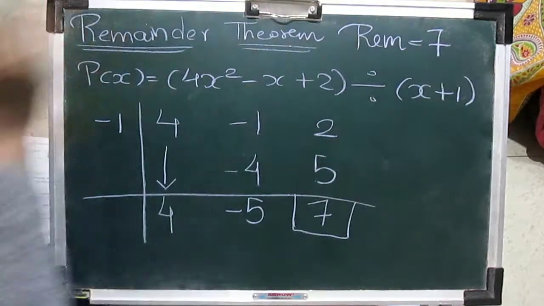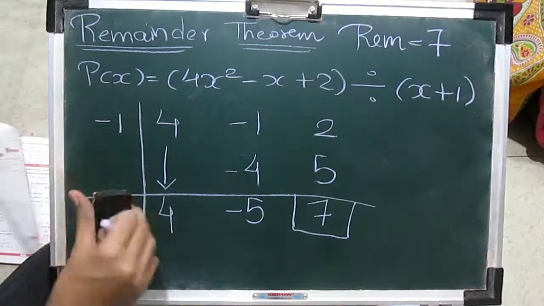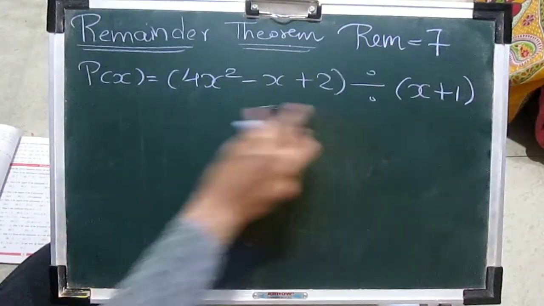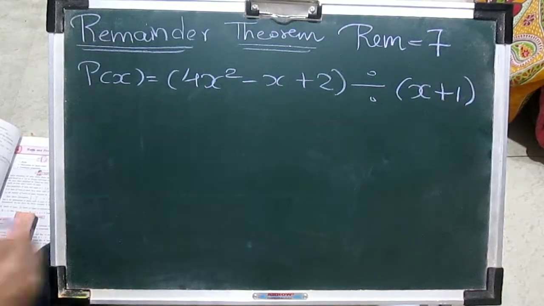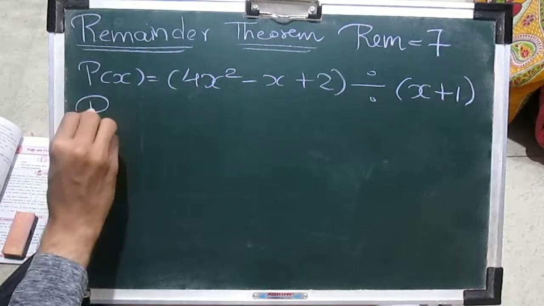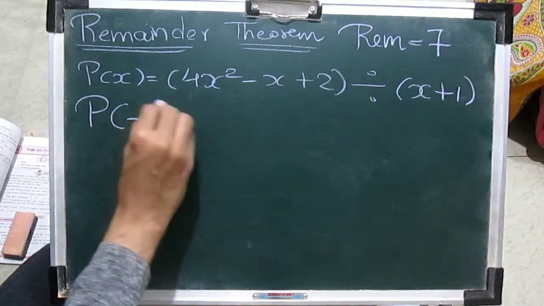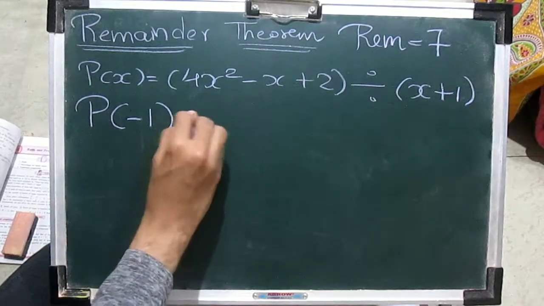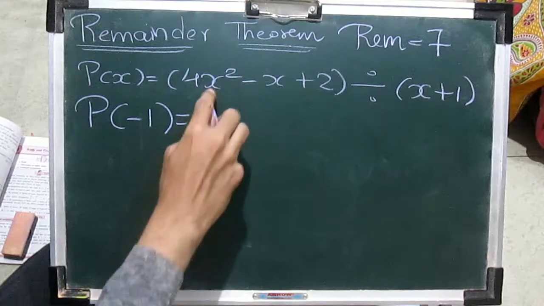Now what does the remainder theorem tell us? It tells us that whenever I find the value of the polynomial p at the point minus 1, that means over here it was plus 1, I took minus 1. Let's see what happens. On the place of x I am supposed to write minus 1.